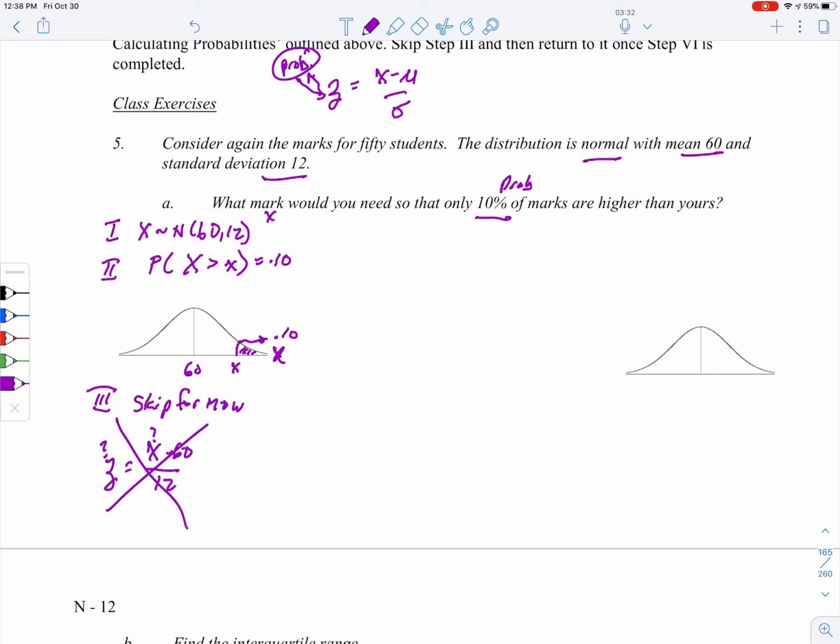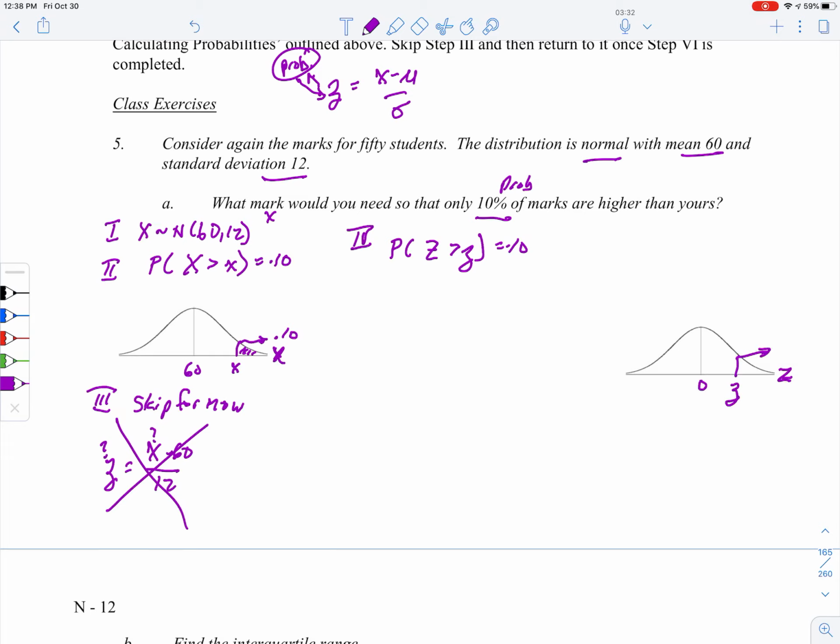So we can't do this right now. We have to jump straight to step number 4, which says, let's find an equivalent z value to that 10% in the upper tail. Let's call that little z, so that you've got 10% in the upper tail. So that's going to be down here.